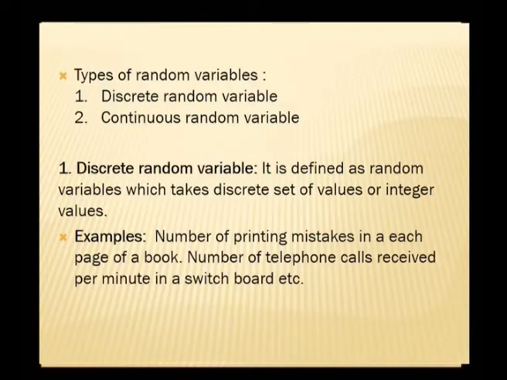And next, we have 2 types of random variable. First one is called discrete random variable, second one is called continuous random variable. So, let us go to the first one, discrete random variable. We define it as a random variable which takes a discrete set of values, or we say it takes integer values.